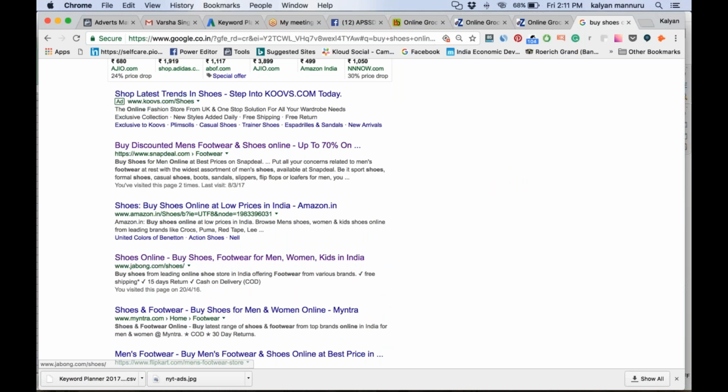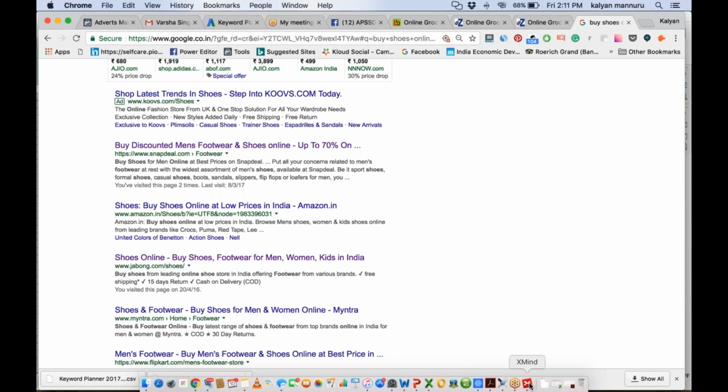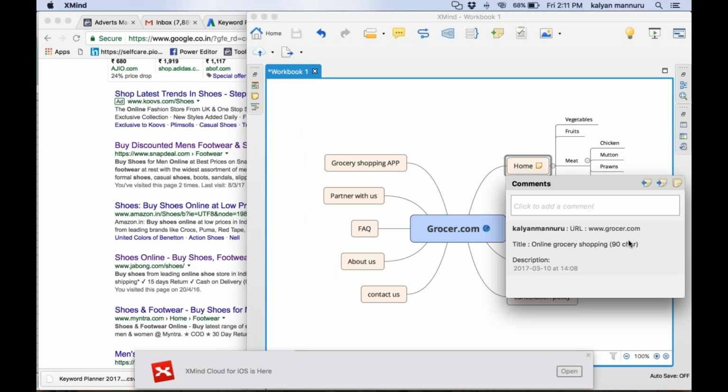That is why it is suggested to write 90 characters. And if you see, this guy has written more than 90 characters, you can see there is a continuous dot. So when only 90 characters are visible, it is suggested that you write your title for only 90 characters.